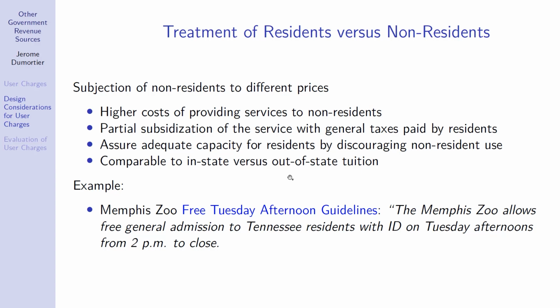The example I have here is the Memphis Zoo, where the free Tuesday afternoon guidelines say that Memphis Zoo allows free general admission to Tennessee residents with ID on Tuesday afternoons from 2 p.m. to close, which is an indication that the Memphis Zoo has been partially subsidized or partially paid for by the tax revenue.